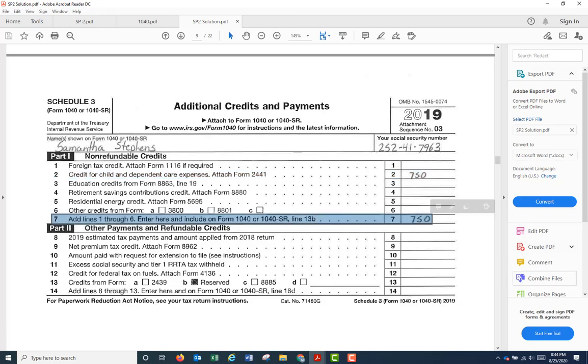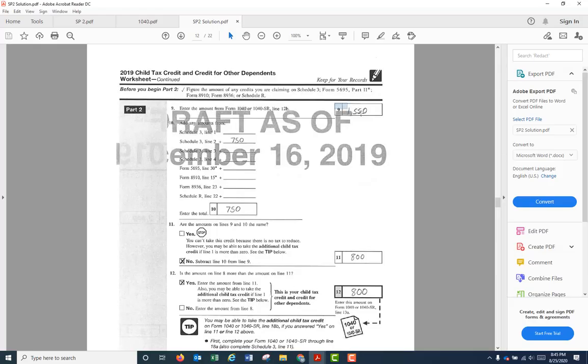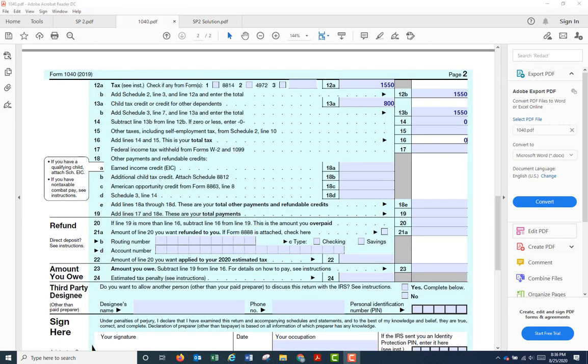So $750 applied to the tax liability of $1,550, we have remaining balance of only $800 of tax liability, and we can only apply the child tax credit, a non-refundable credit, $800 to it, even though we have $2,000 to use, but we could only apply $800, and therefore our total tax ends up being 0.